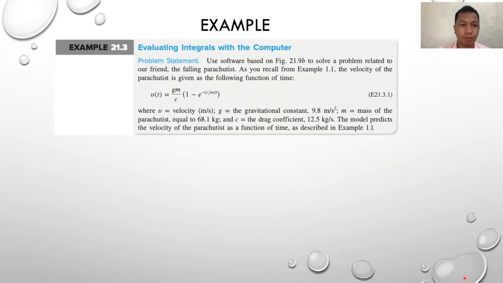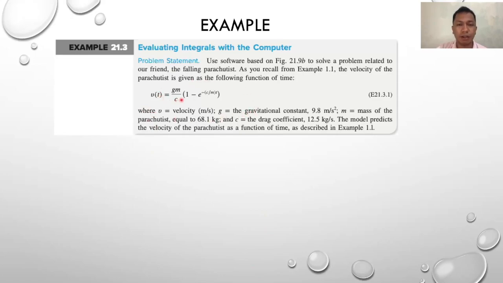So example 21.3, evaluating integrals with a computer. The problem statement is use a software based on figure 21.9b to solve the problem related to our friend, the falling parachutist. As you recall from example 1.1, the velocity of the parachutist is given as the following function of time. So this is the velocity of our parachutist.